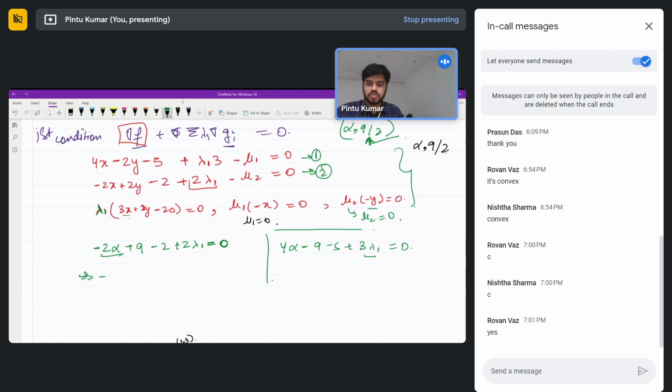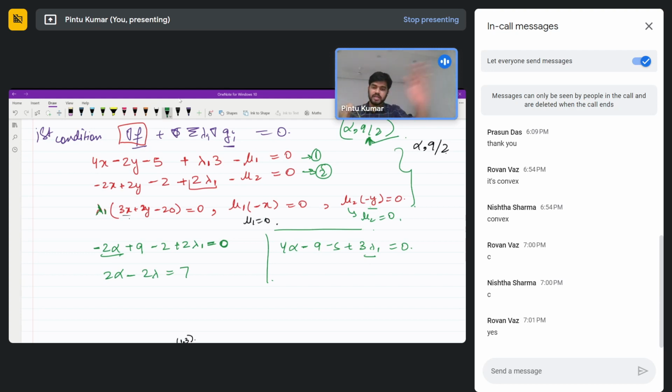So this is minus 2 alpha plus 7, or we can just write it in a better way. So this is 2 alpha minus 2 lambda 1 is equal to 7.